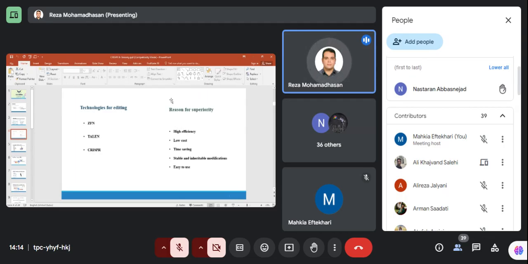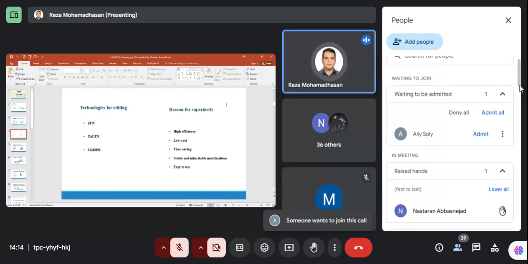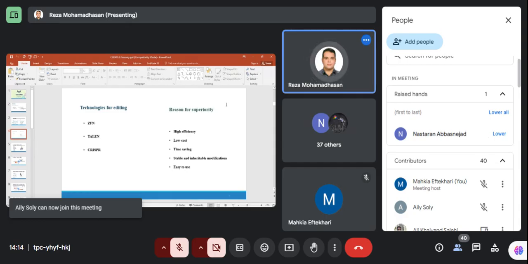And the criteria for classifying the technologies, according to their abilities, are high efficiency, low cost, time saving, being stable and containing inheritable modification, and also being easy to use.